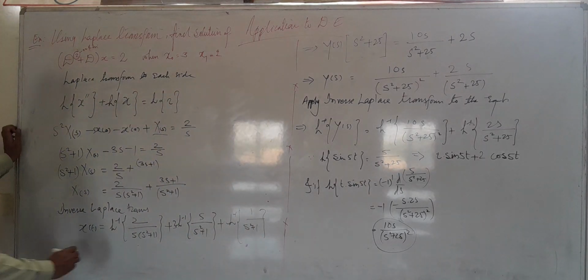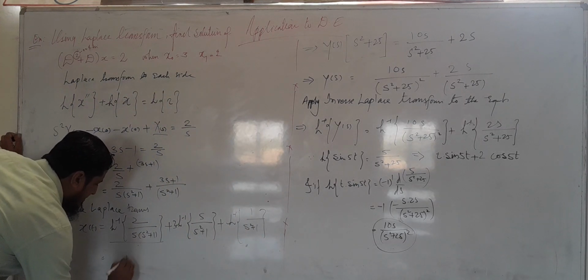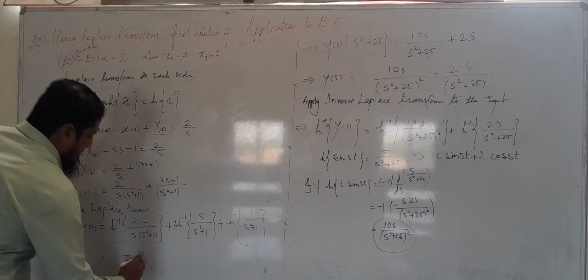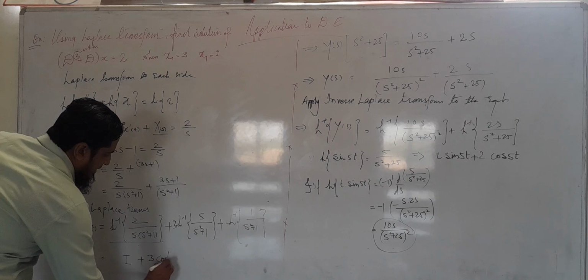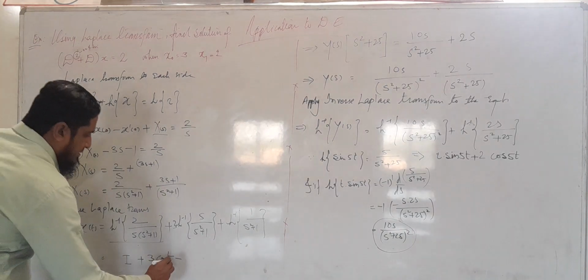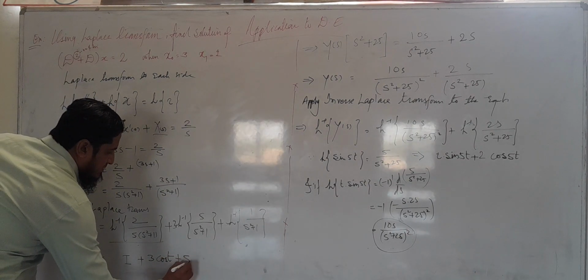And we will solve the first term separately, and the others will give us 3 cos t plus sin t.